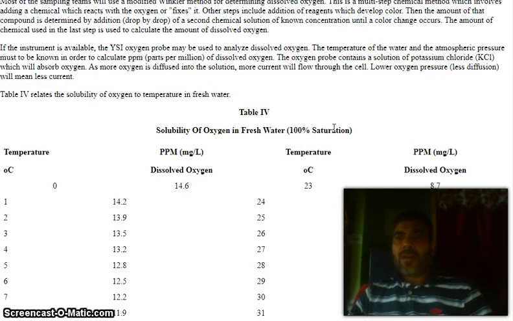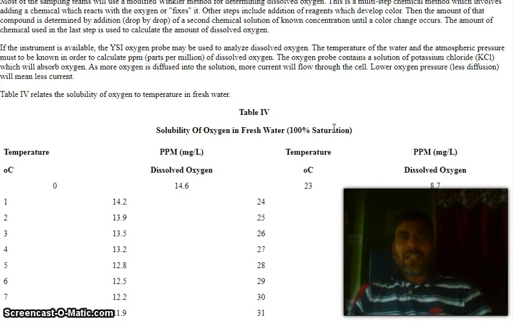Then the amount of that compound is determined by adding, drop by drop, a second chemical solution of known concentration until a color change occurs. I'm talking about titrations. The amount of chemical used in the last step is used to calculate the amount of dissolved oxygen.